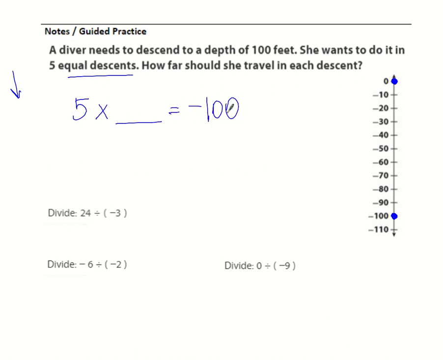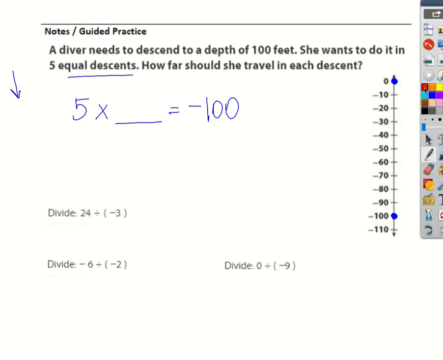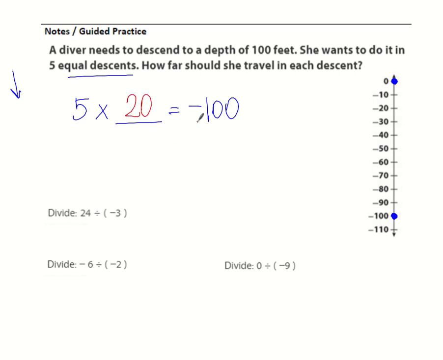Then think about your rules for multiplying integers: same signs give you a positive answer, different signs give you a negative answer. Then we're going backwards and looking for 5 times what number gives me 100. Well, you know that 5 times 20 gives you 100, but you need negative 100, so that's got to be a negative 20. So 5 times negative 20.